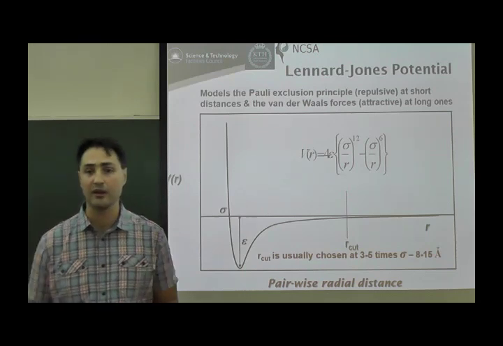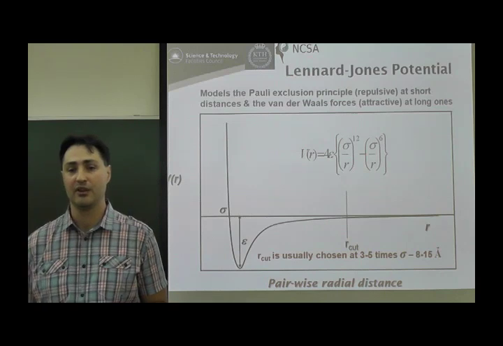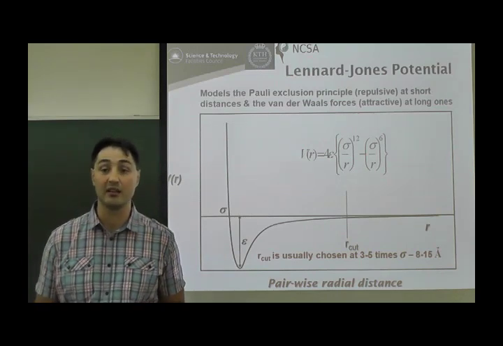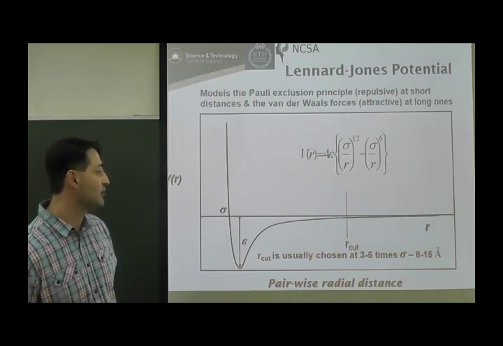It's very important to pick the right cutoff. Usually we pick the cutoff between 3 to 5 times sigma, which is between 8 and 15 angstroms for real systems. Why do we pick a cutoff?